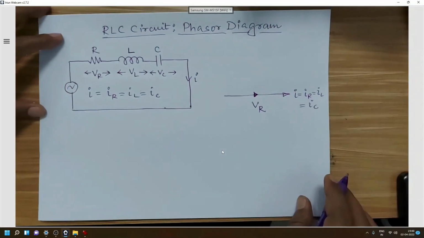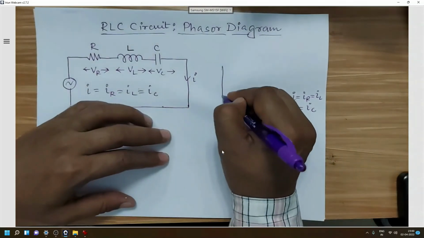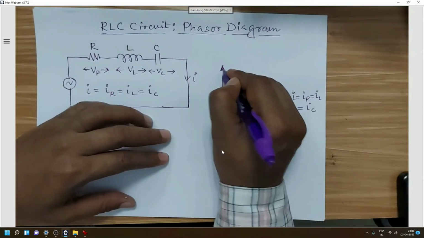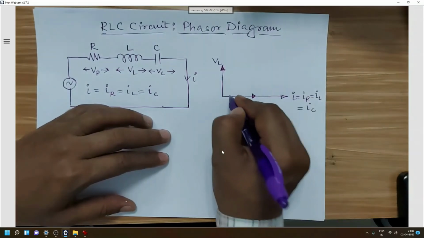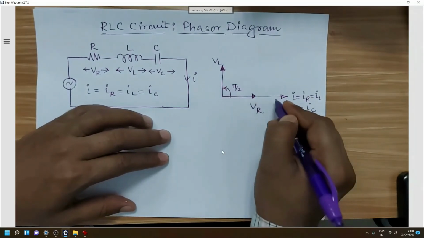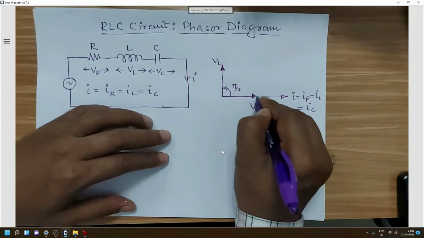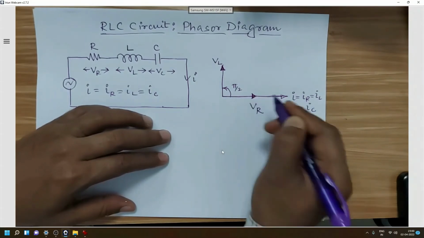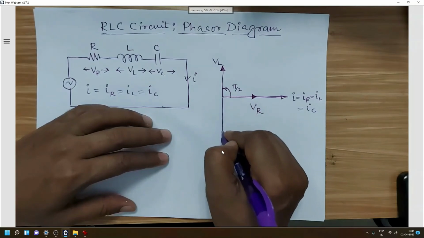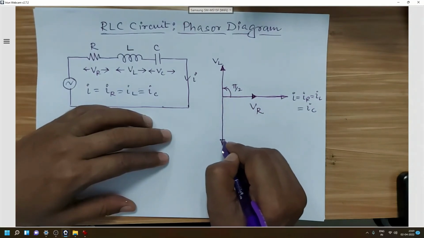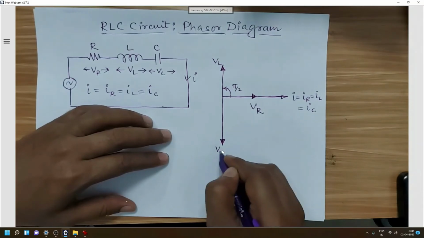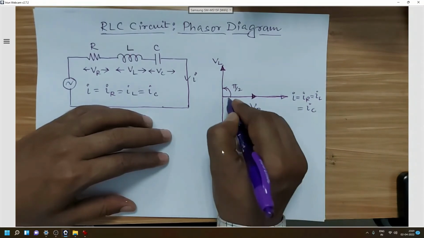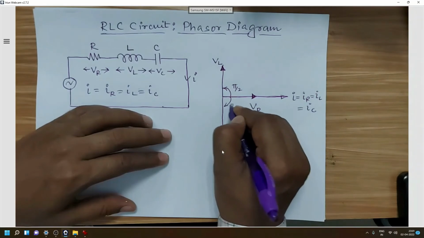And now the drop across the inductor, VL, will lead over the current, and VC will be lagging behind I by an angle pi by 2.